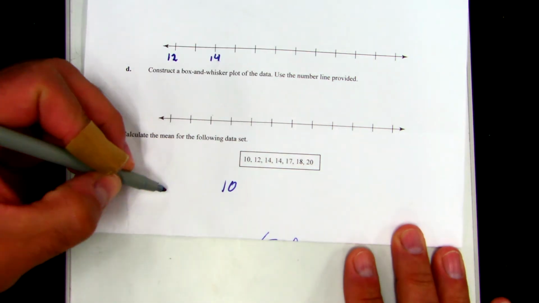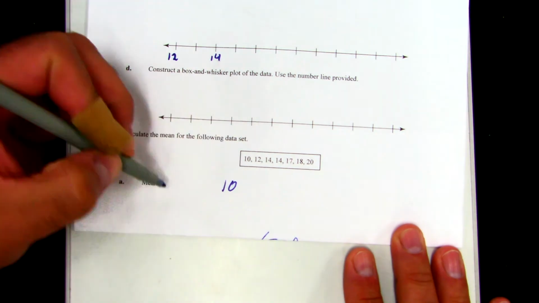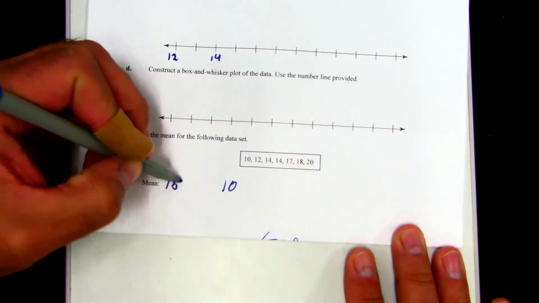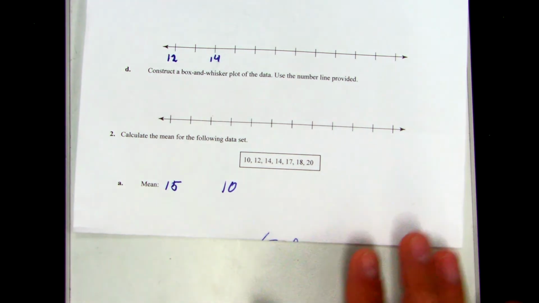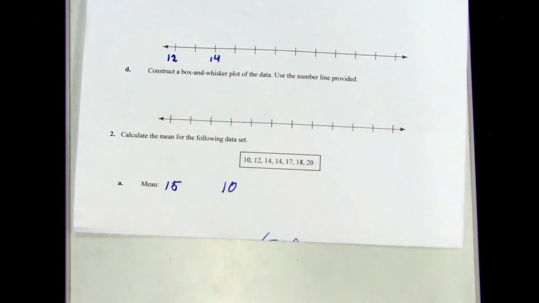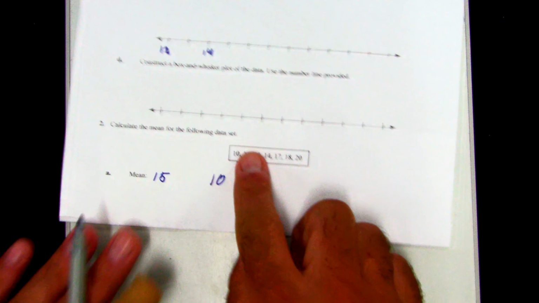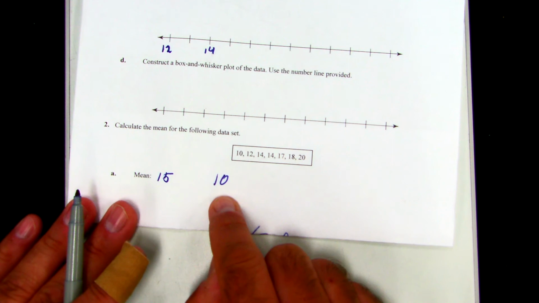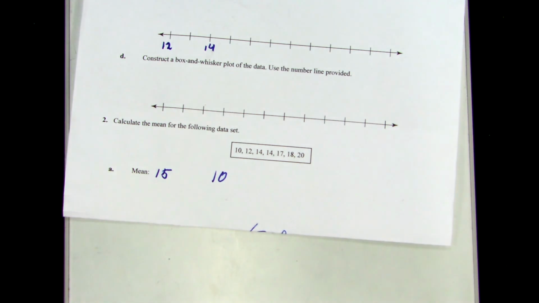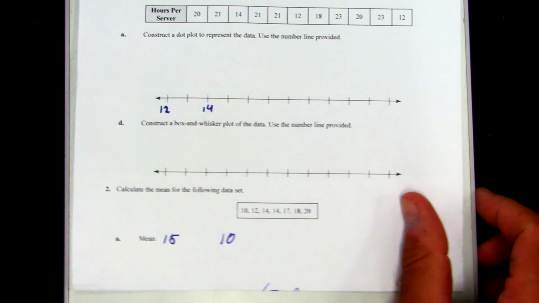They all add up to 105, divide by 7, and you get 15. Again, remember, what they originally did will be different.